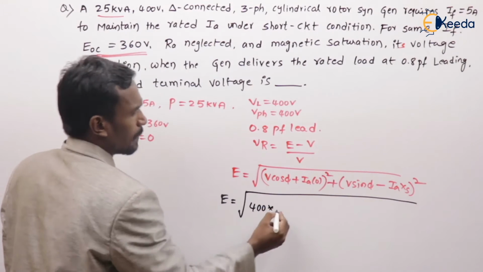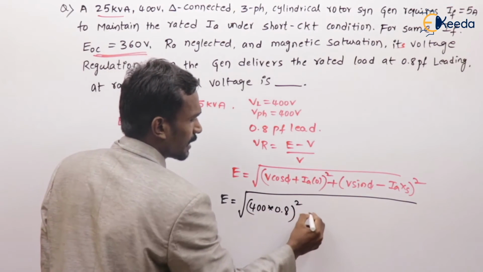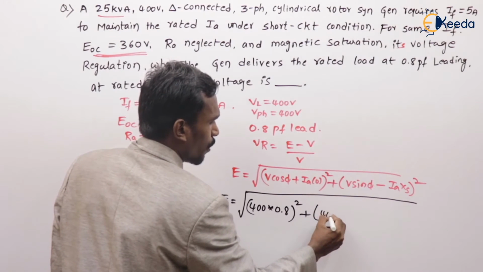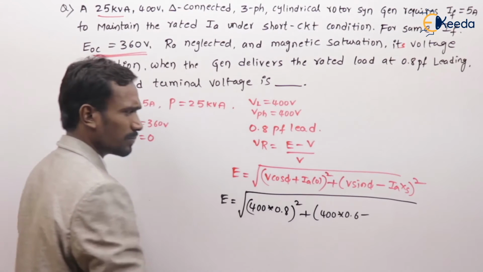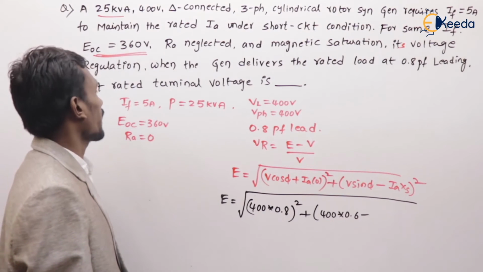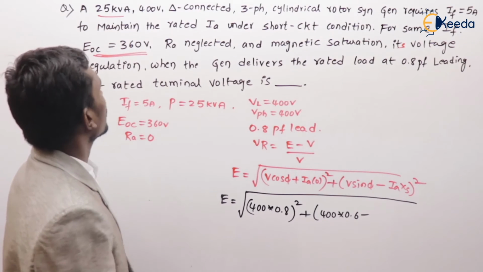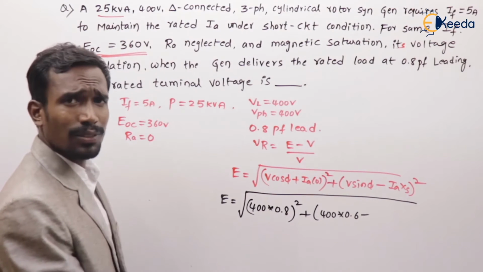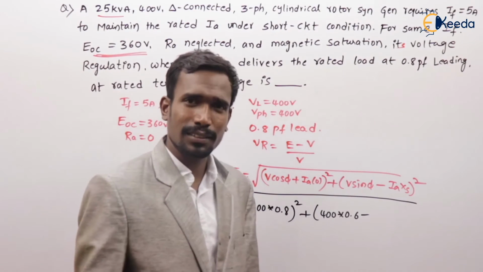What is cos phi? 0.8, whole square because RA is 0. V 400, sin phi 0.6, minus IA into XS. Is there any XS given? No XS, no IA. So we have to find out both IA and XS.